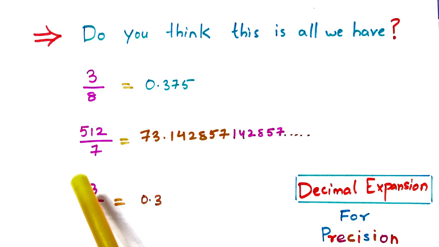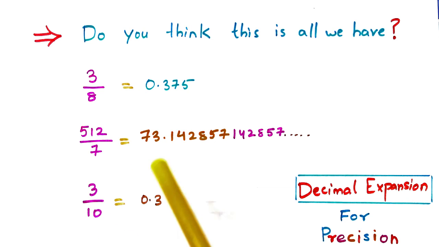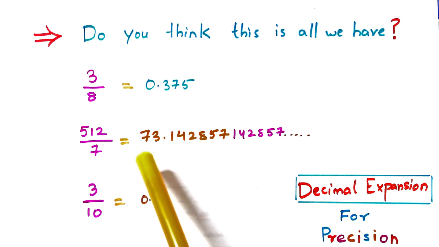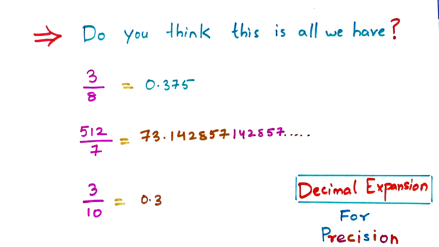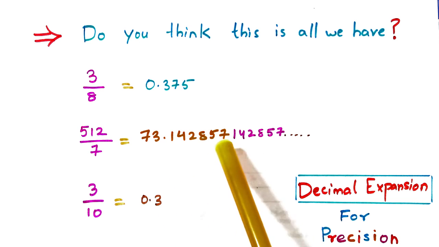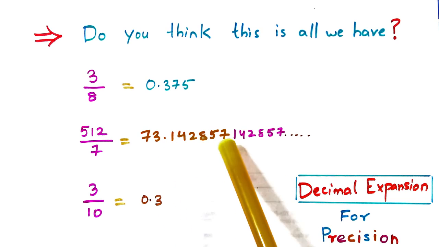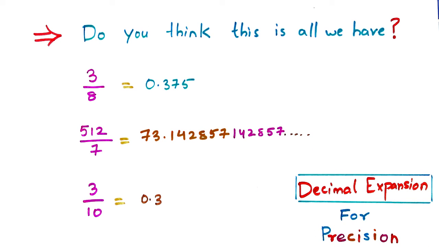Now we will try to find the decimal expansion for 5 divided by 7. We get another type of decimal expansion, that is 0.714285 and 714285. This part right over here is repeated again and again.